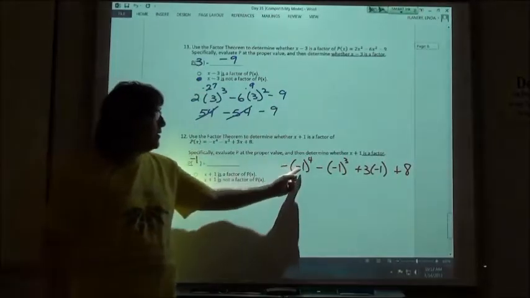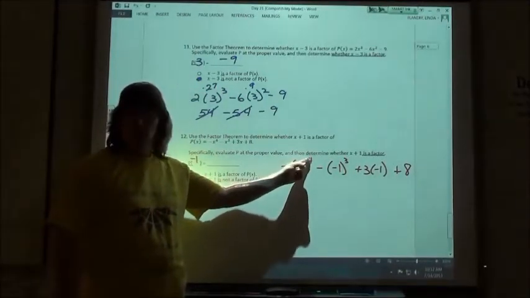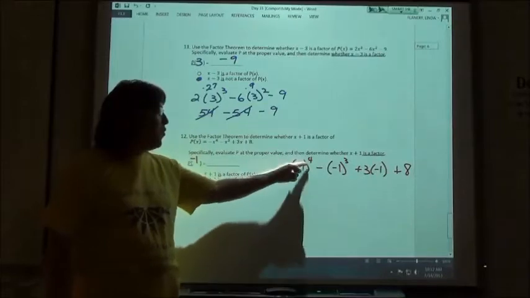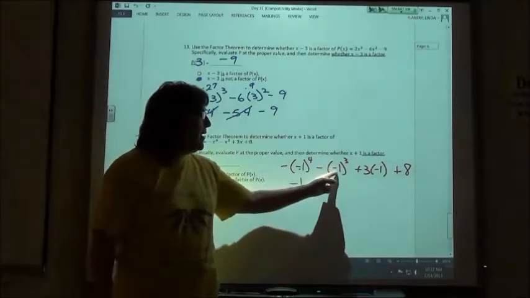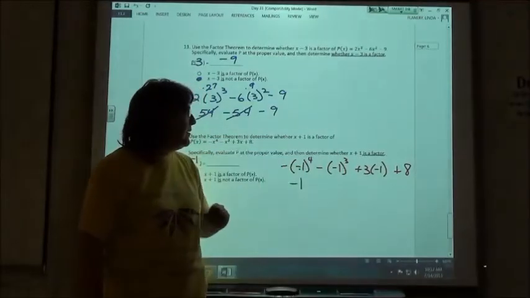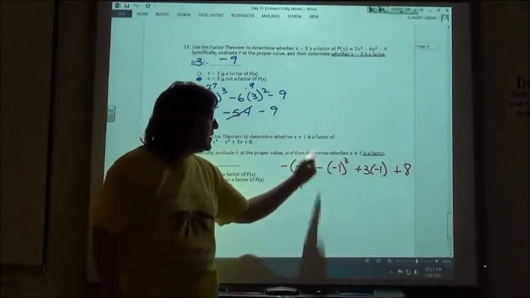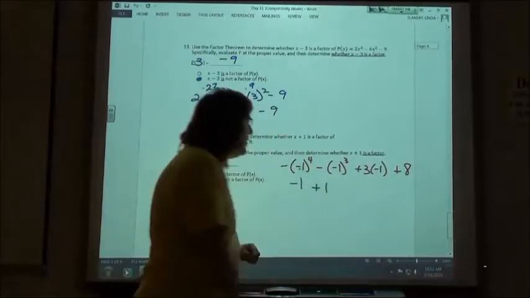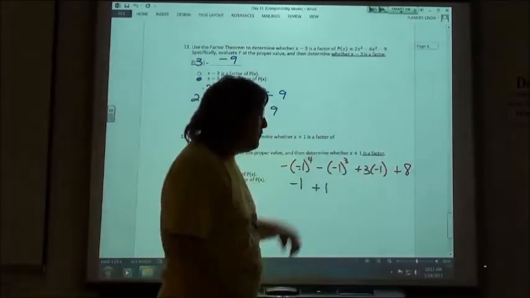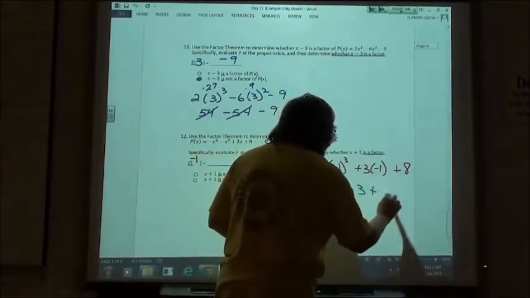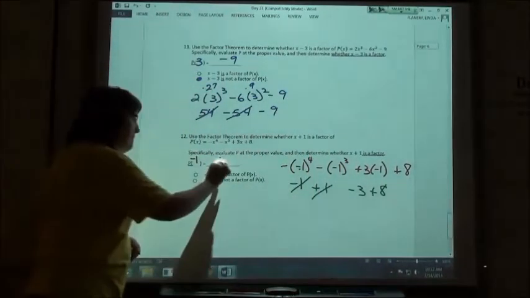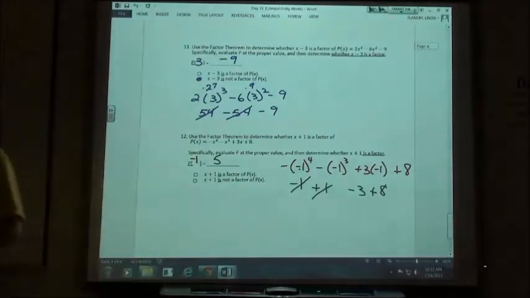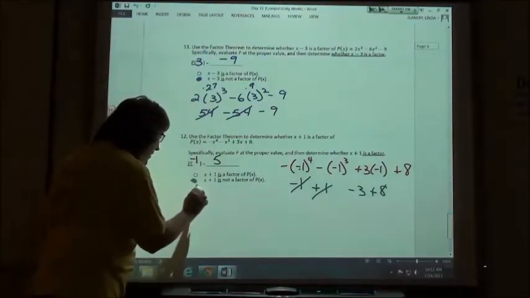So negative 1 to the 4th is 1, but there's a negative in front, so we're going to make that negative 1. Negative 1 to the 3rd is negative 1, and with the negative in front that makes it a plus 1. 3 times negative 1. So when we do our adding and subtracting, we get a 5, right? Is it a factor? No, it is not a factor because we didn't get 0.